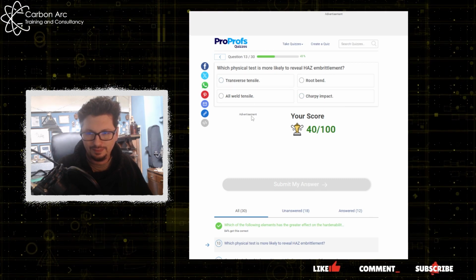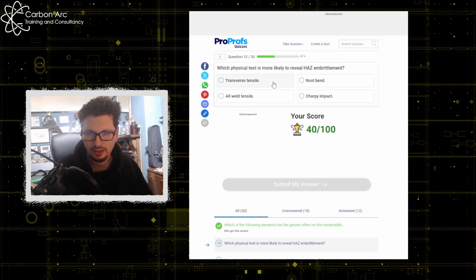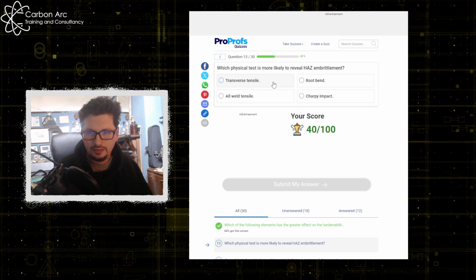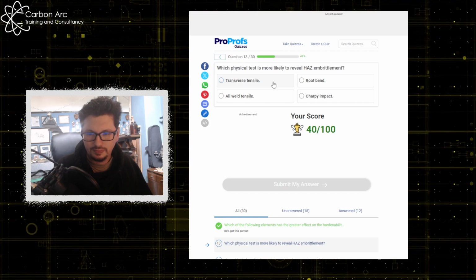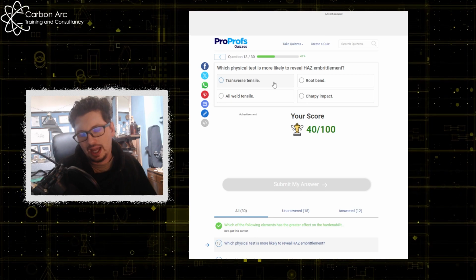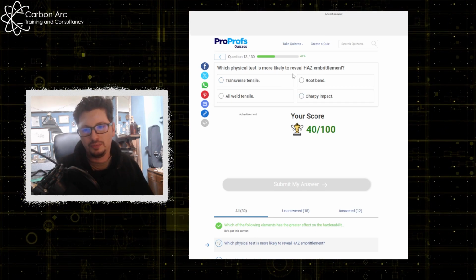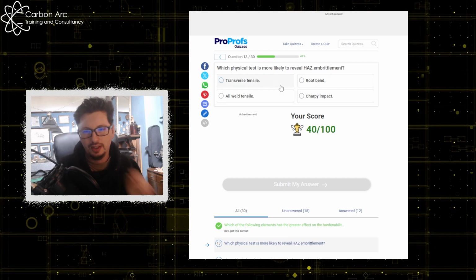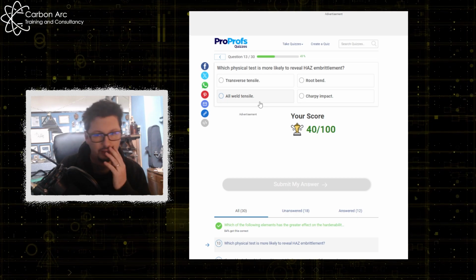This is a funny one. Heat-affected zone and embrittlement. I can see in my mind lots of different reasons why some of these would show it. An all-weld tensile test will not, because there's no heat-affected zone in that.